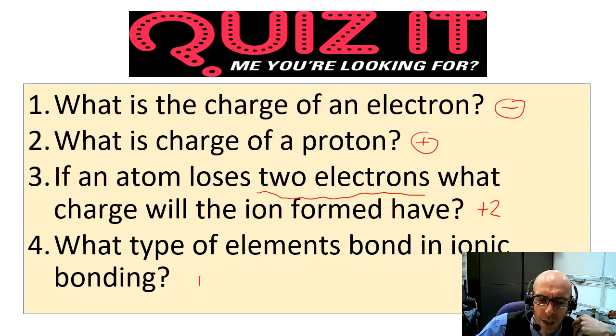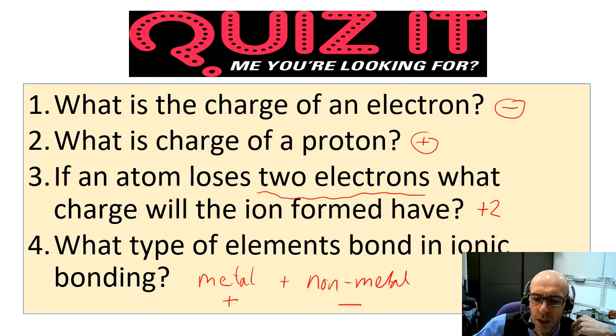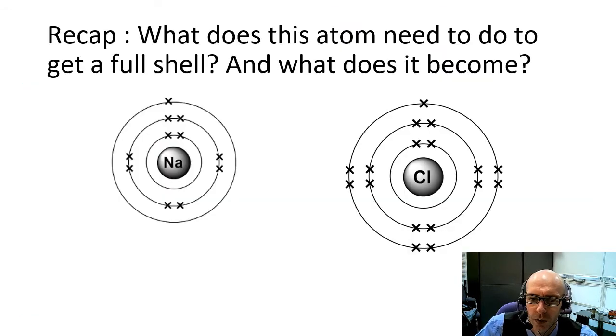It is always something from the left-hand side of the periodic table, a metal, and something from the right-hand side, so something that wants to lose electrons and become positive, and something from the other side, the non-metal, becoming negative. Hopefully you got most of those right, and if not, you've made your corrections.